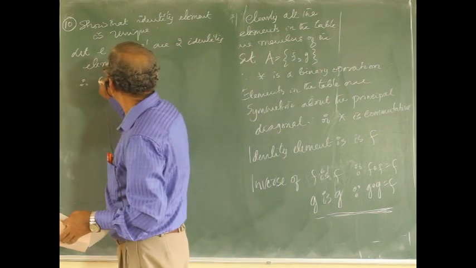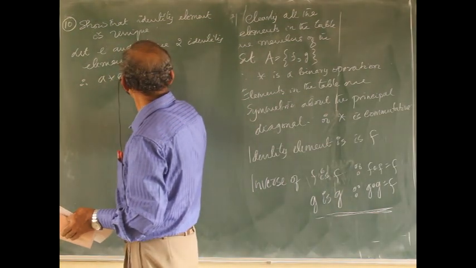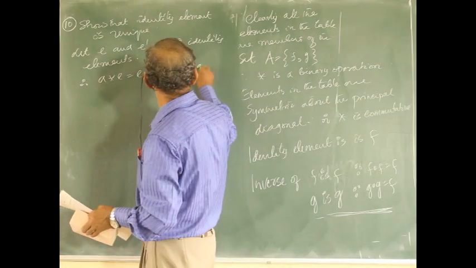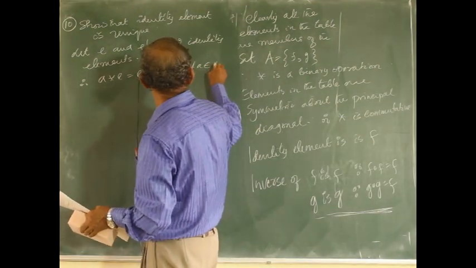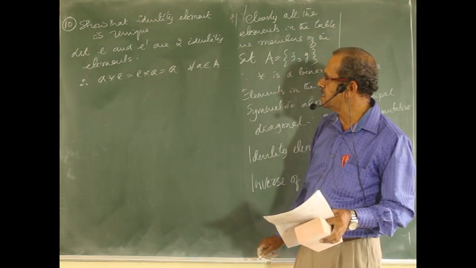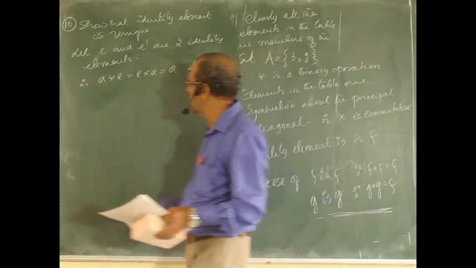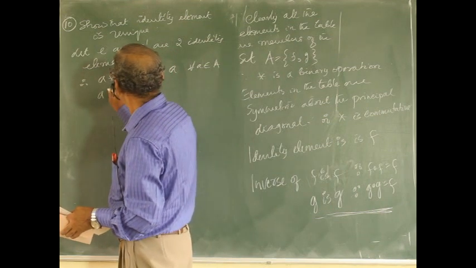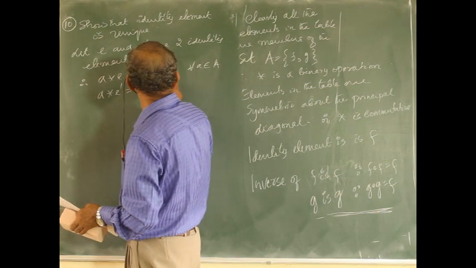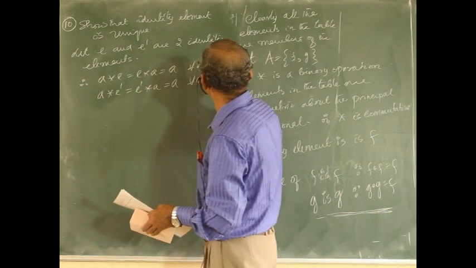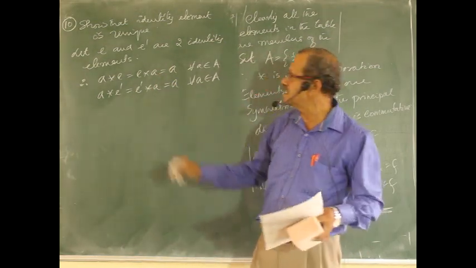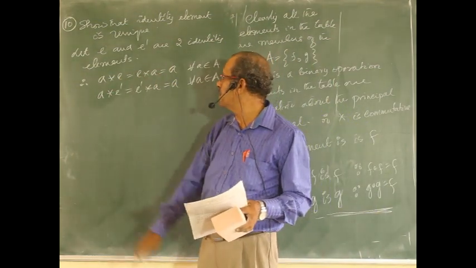Therefore, A star E equal to E star A equal to A for every A belongs to A. A star E dash equal to E dash star A equal to A for every A belongs to A. Why? Because both are identity elements, they satisfy the identity property.